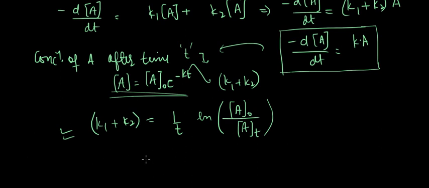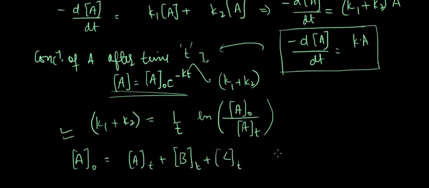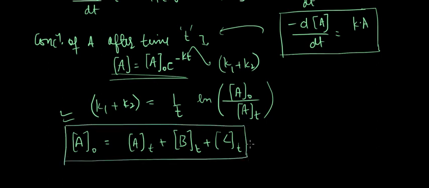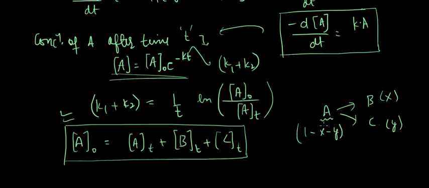So before going forward, please remember this: A naught would be equal to the concentration of A at any point of time t plus concentration of B plus concentration of C at time t. Why is this the case? Because in the parallel reactions, only A is getting dissociated into 1 mole of B and 1 mole of C. So whatever B and C is formed at any point of time t, the same amount would have been deducted from the initial amount of A. So A naught at any point of time would be equal to the sum of all the number of moles which are present in the reaction mixture.